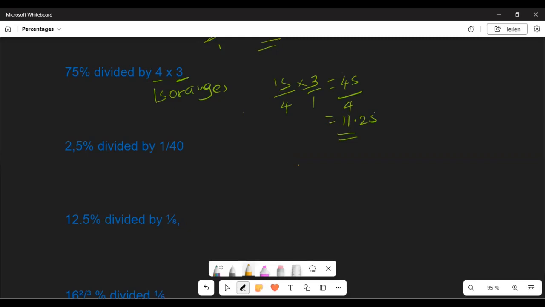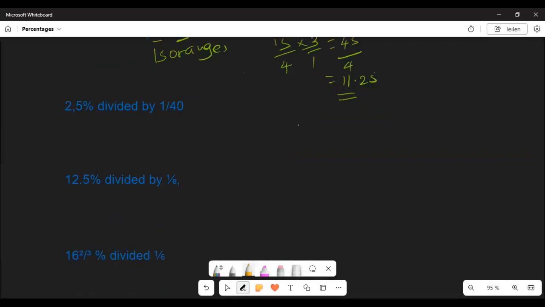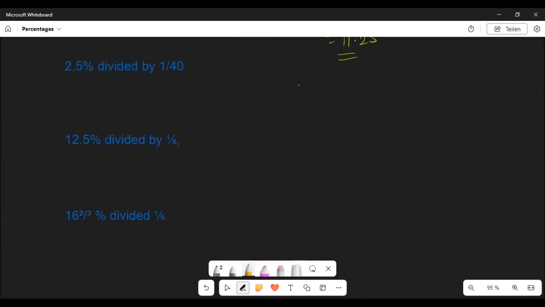Now, at this juncture, I want to talk about a very nice one, because I love working with numbers like this. And the idea is, can we compute percentage when you're given 2.5% of the number, 12.5%, and 16.67%?